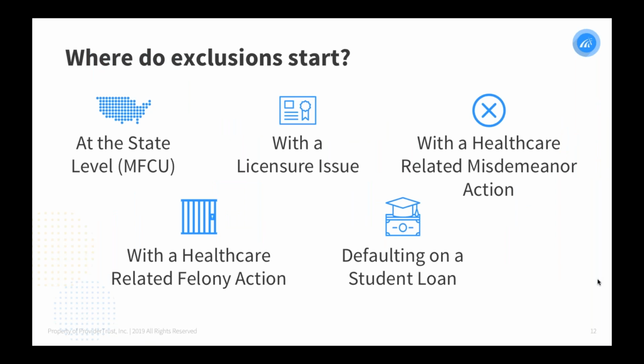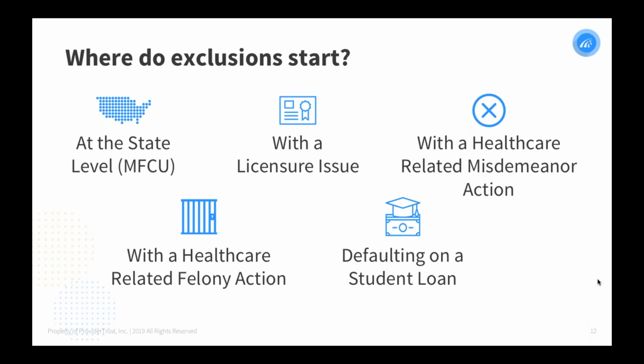Okay, so like I mentioned, exclusions can come from a bunch of different places, and they can also take on a bunch of different forms. Where we see exclusions start are in a bunch of different areas. They can start at the state level. They can start with licensure issues that can ultimately result in an exclusion. Healthcare related misdemeanor actions, healthcare related felony actions, all the way down to even defaulting on a student loan, right?